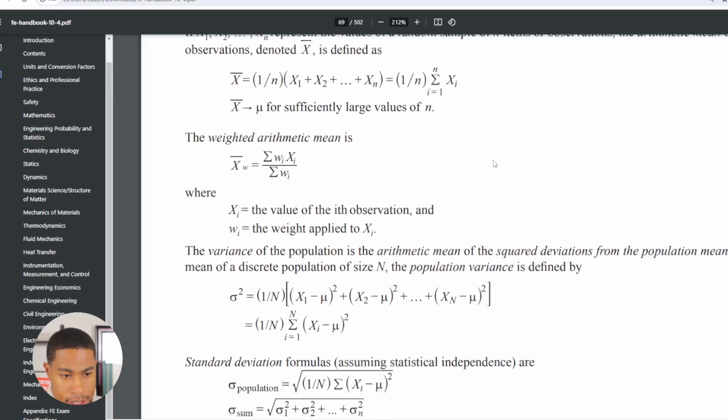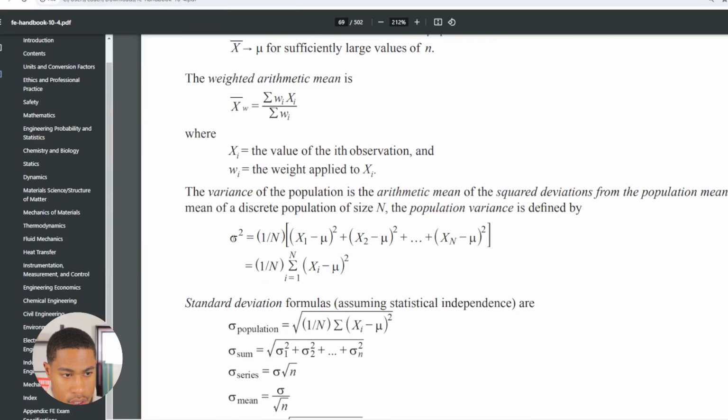Let's look at variance. So variance is just going to be standard deviation squared. The right side of this equation is the same thing as this.